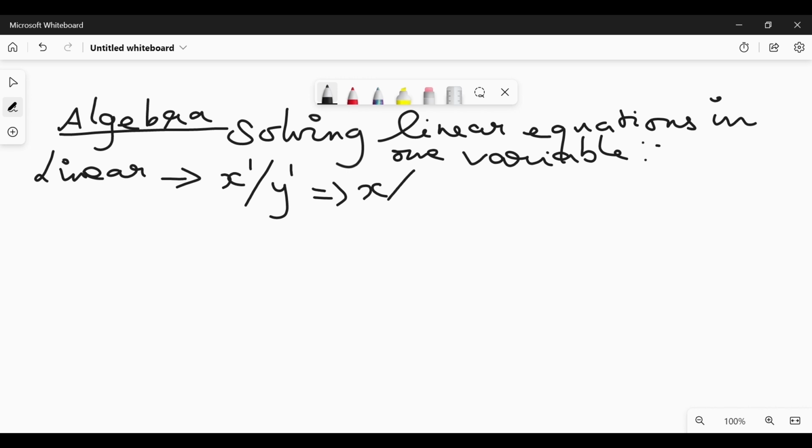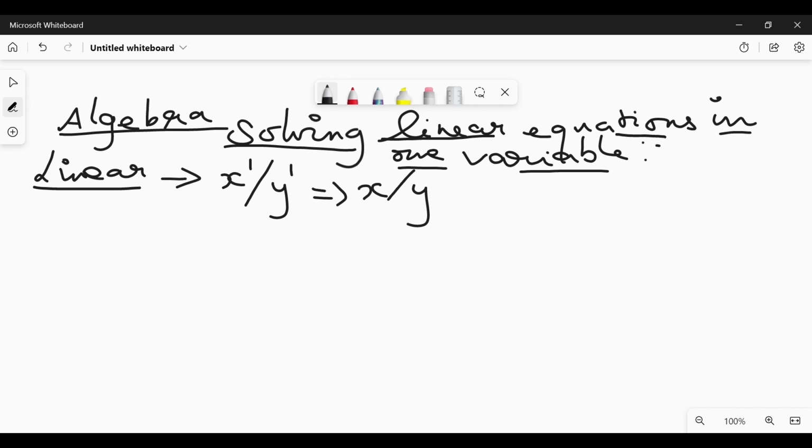They don't say power 1, they simply leave it as x or y. We call it a linear equation or linear expression. Today we are going to solve linear equations in one variable.